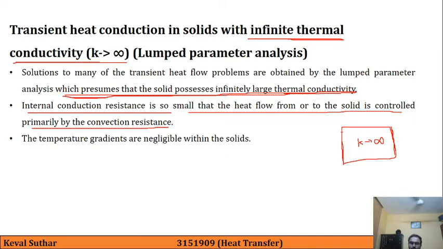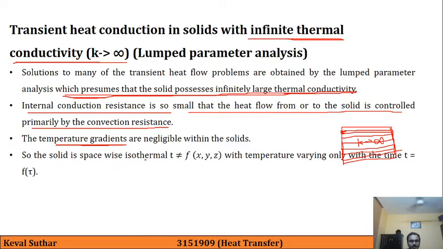So whatever temperature is over here, the same temperature will be observed everywhere, because as there is no thermal resistance inside this metal, the temperature will not decrease, it will remain as it is. That's why we will have negligible temperature gradient.